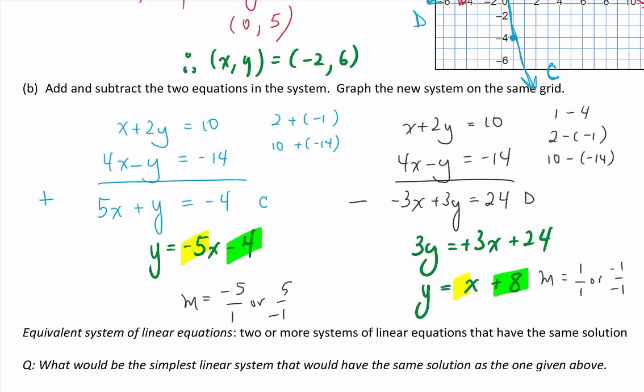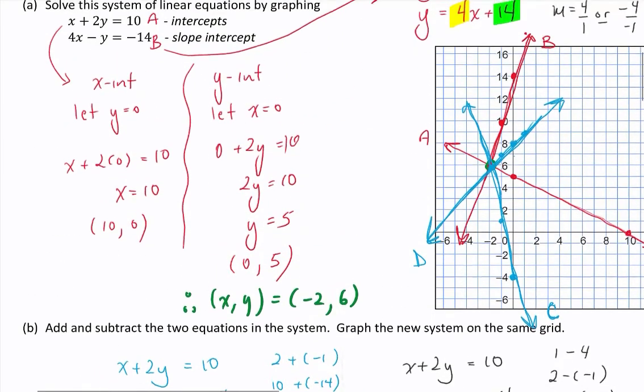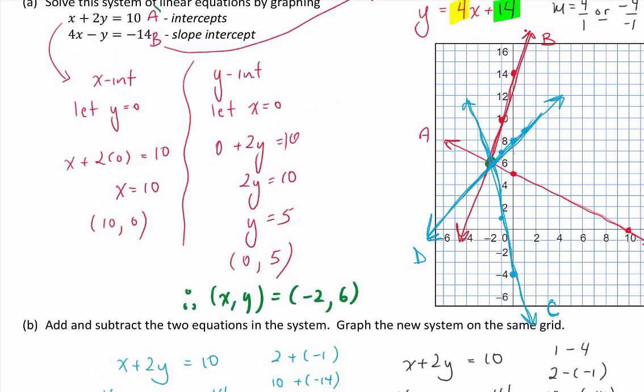Okay, so now let's talk about what an equivalent linear system is. So an equivalent system of linear equations is when two or more equations have the same solution. So these two equations here, which I'm going to highlight, this one and this one, or this one and this one, have the same point of intersection as this pair of equations here.